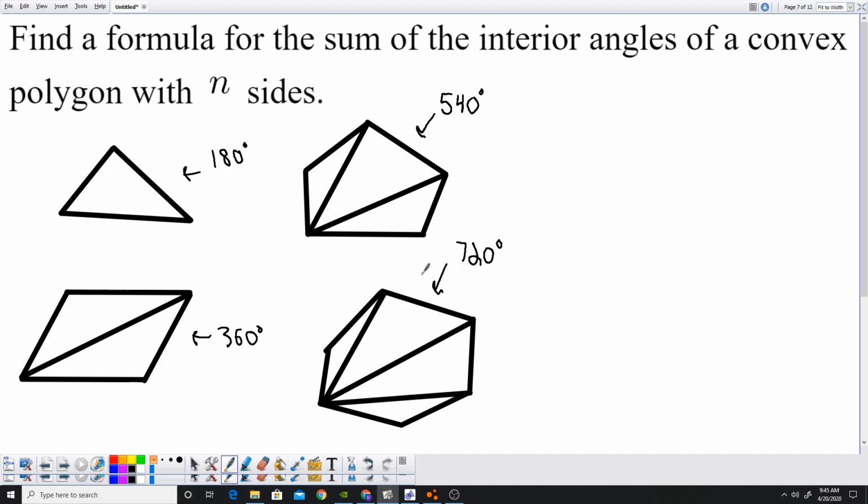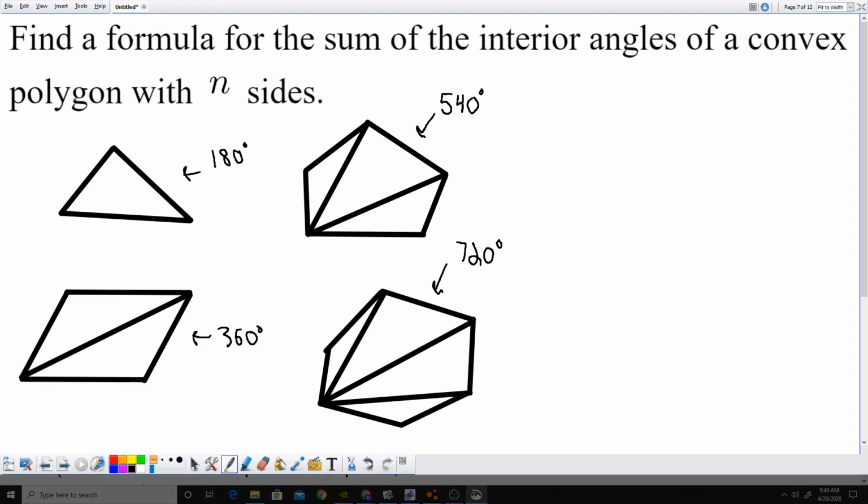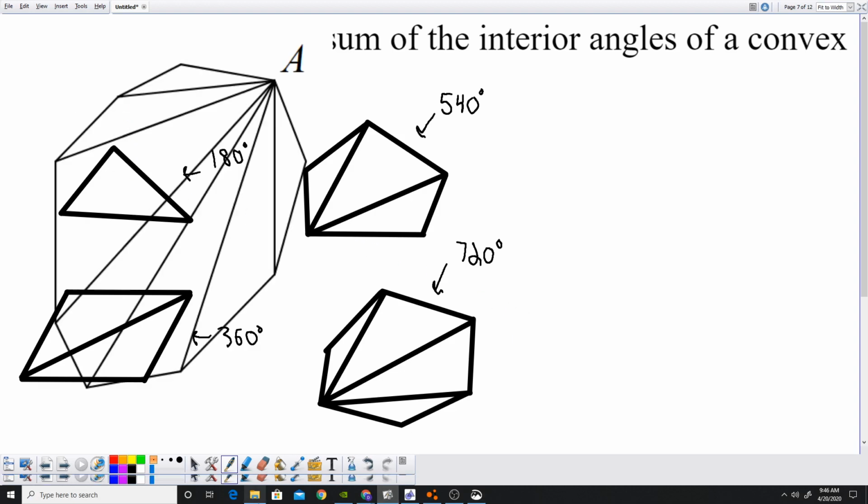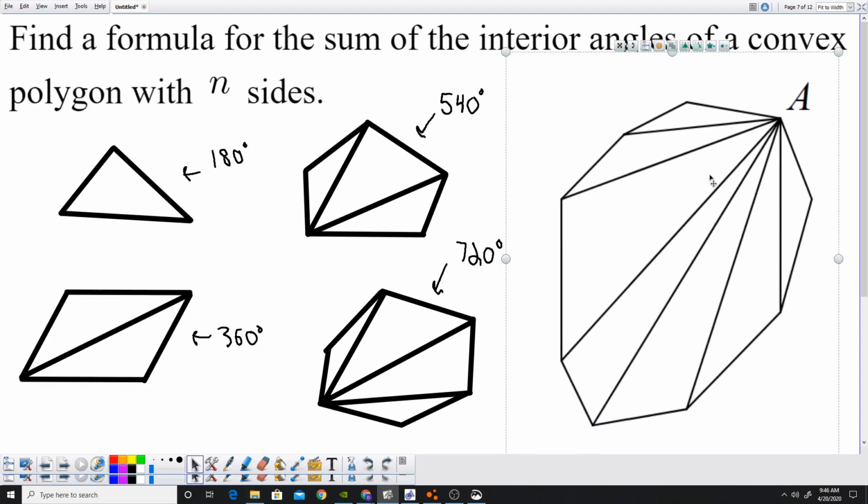Now, what seems to be the pattern, because we could go on and do this process forever. We could come up with any number of shapes, some weird looking design, where we would just keep drawing triangles, even something weird like this shape here.